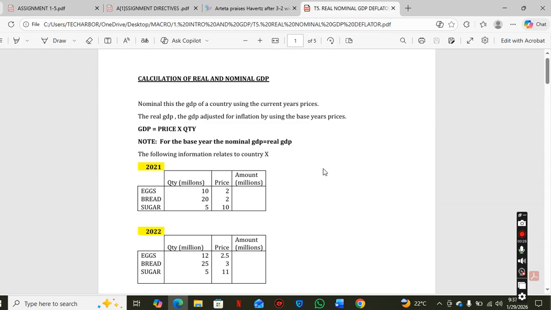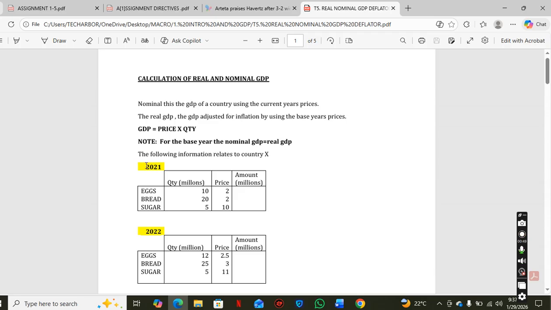The real GDP is the GDP that accounts for inflation. And how we are accounting for inflation, we're going to see when we're calculating real GDP: we're going to use the base year's prices. Okay, so first we're going to calculate the nominal GDP for each year.